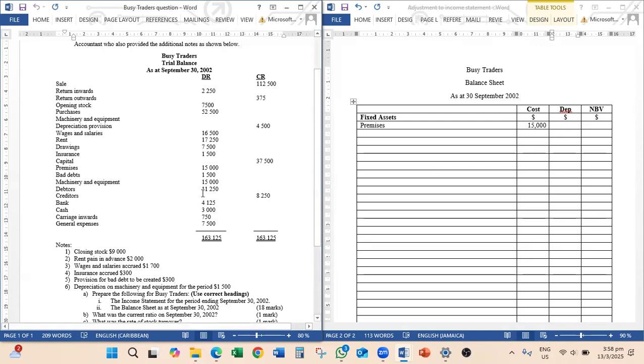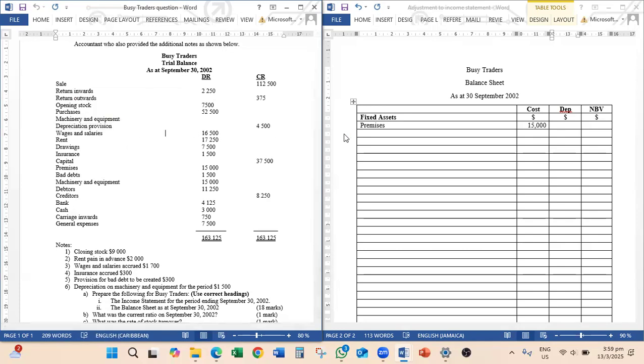The depreciation figure for premises could also be shown in the trial balance. As a matter of fact, the depreciation that you put here is normally the footnote depreciation plus the depreciation shown in the trial balance. You may ask, sir, what is the difference between both of them? The depreciation shown in the trial balance is what we call the accumulated depreciation. You may see it as provision for depreciation, which is the same thing.